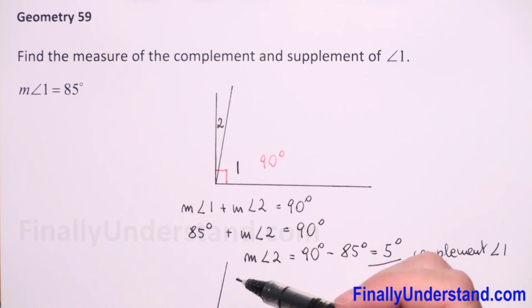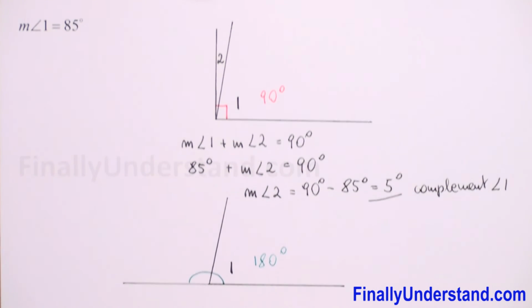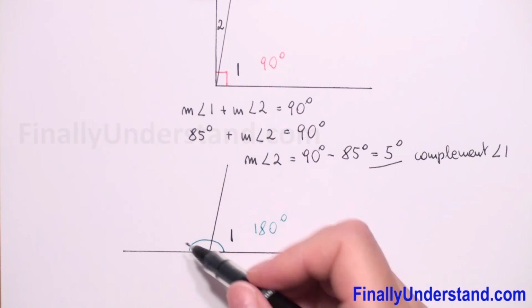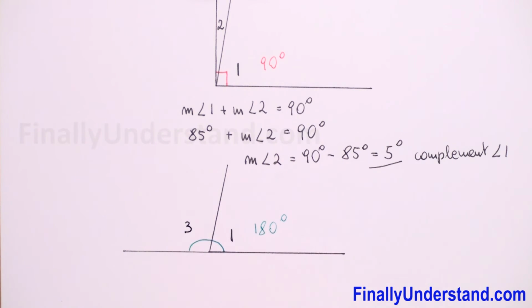So we have to draw a straight line. This is our 180 degrees angle. So we need to find this angle. Let's put that this is our angle 3.